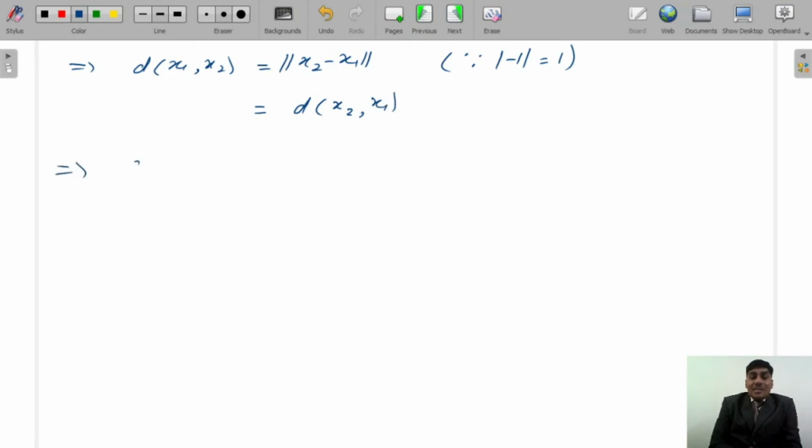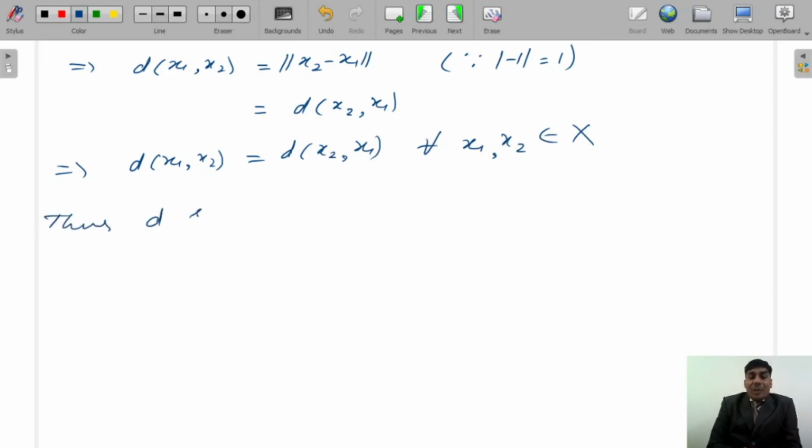This implies d(x1, x2) is equal to d(x2, x1) for every x1, x2 belongs to capital X. Thus, d satisfies the symmetric property.